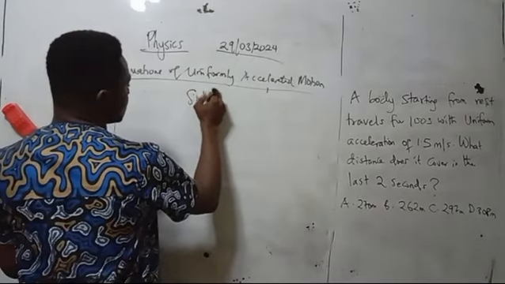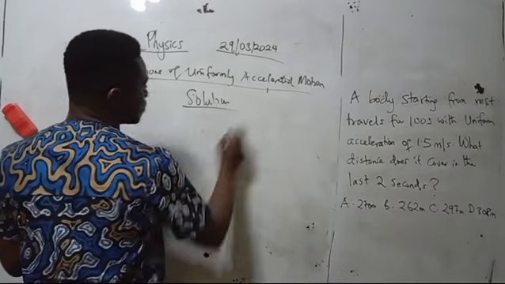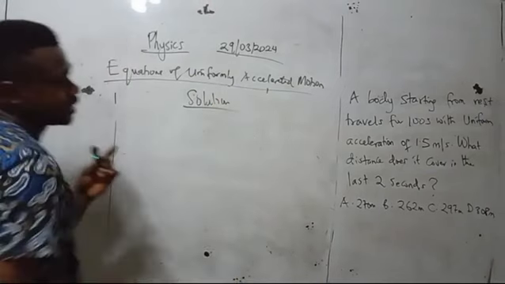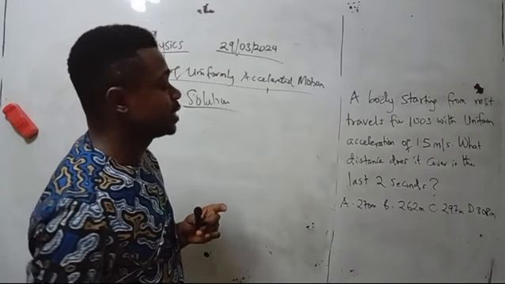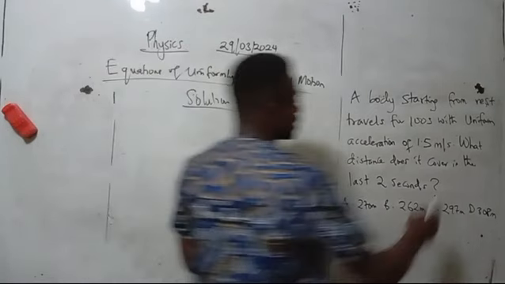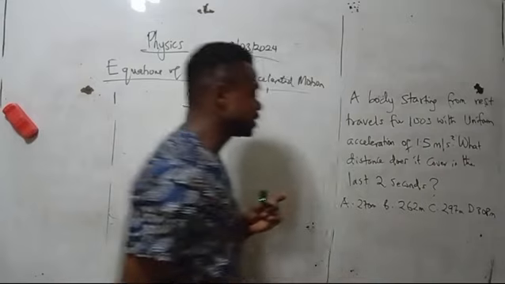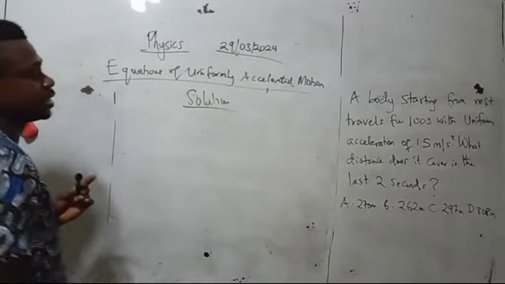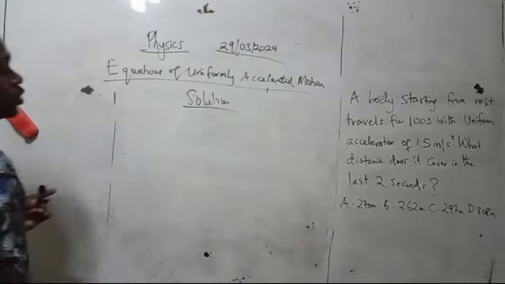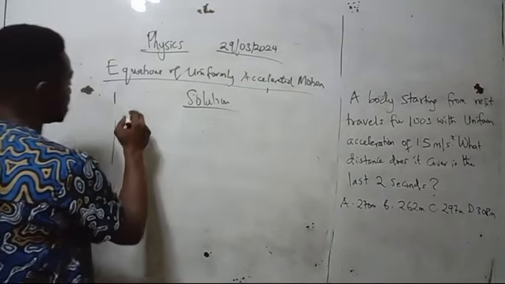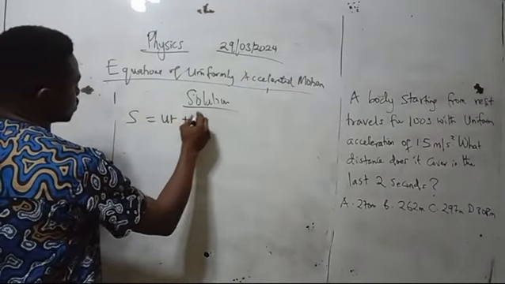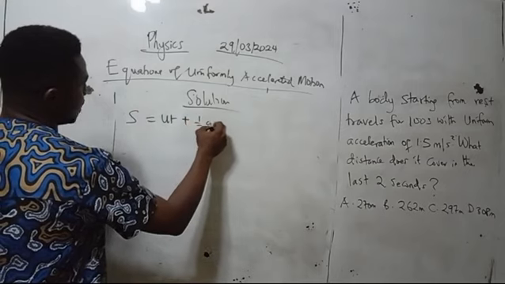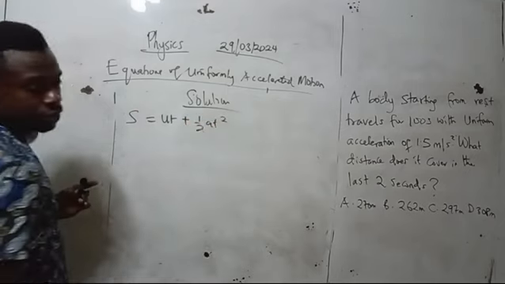As usual, if you look at the question, you will realize that it has initial velocity, which is 0. It has time. It has acceleration. This is meter per second squared. Then it has the distance we are asked to look for. So this is the equation that will fit in. S is equal to ut plus half at squared.